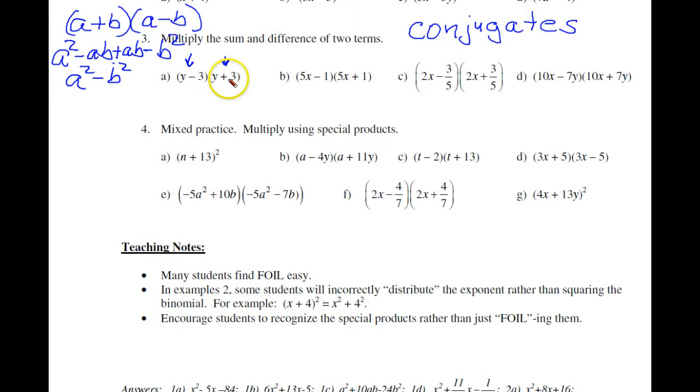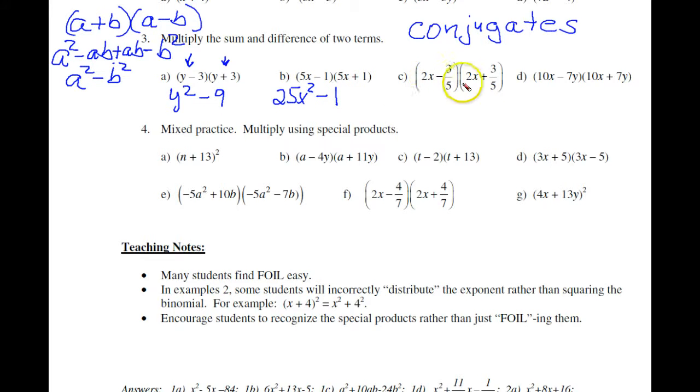So if you recognize that they're conjugates, you don't have to multiply the inners and outers because you know that's going to cancel out. So it's just the first, y squared, and the last, minus 9. It's just the first, 25x squared, and the last, minus 1.